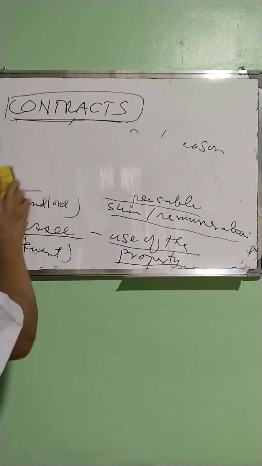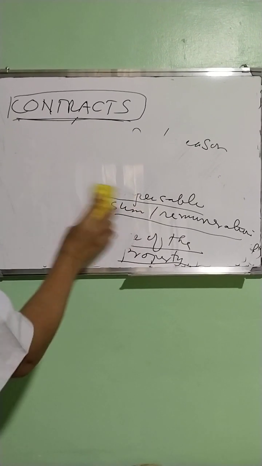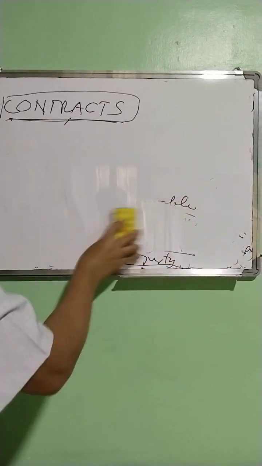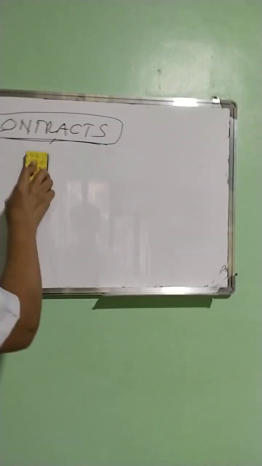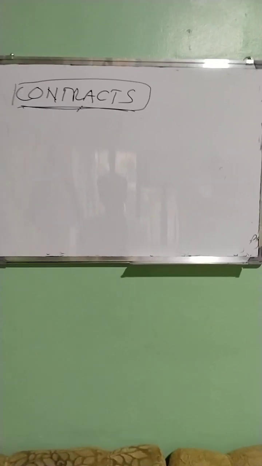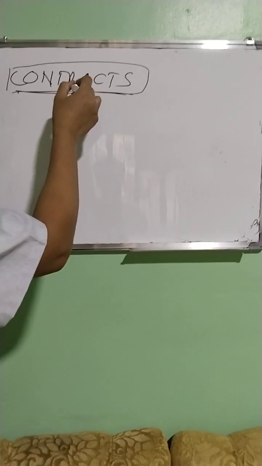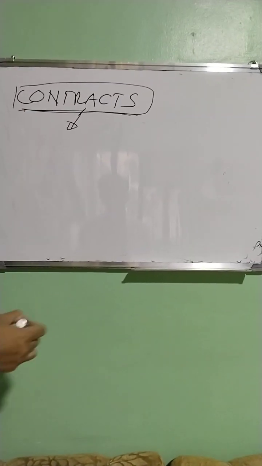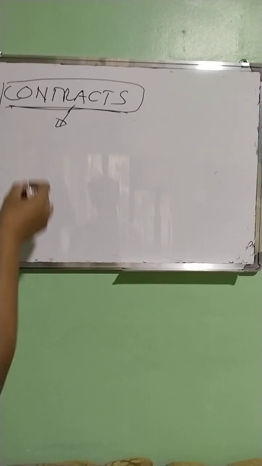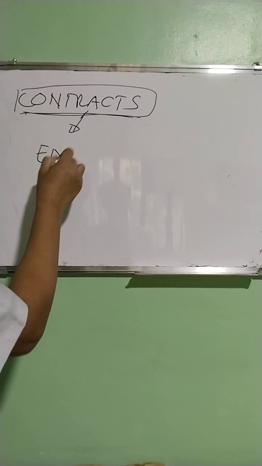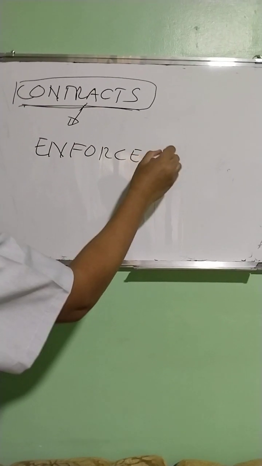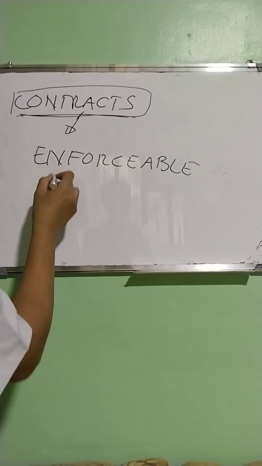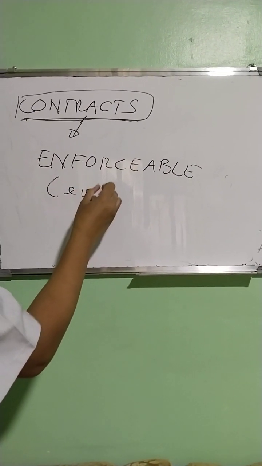So I will teach you, because when we talk of contracts, you have to be very careful. Before signing a contract, you have to read. Remember that once contracts have been signed, these are enforceable. What do you mean by enforceable again? Well, once the contract has been signed, it could be used as evidence in court.